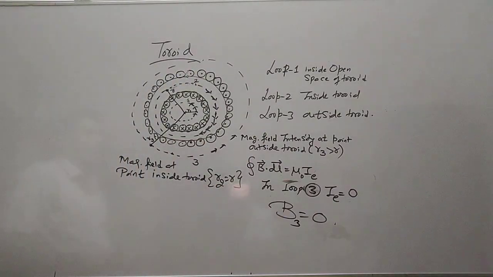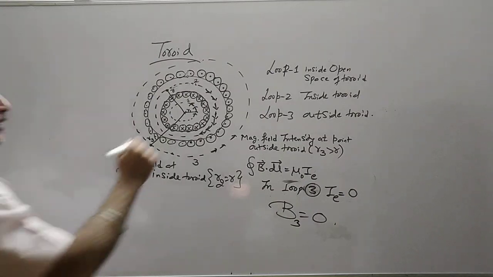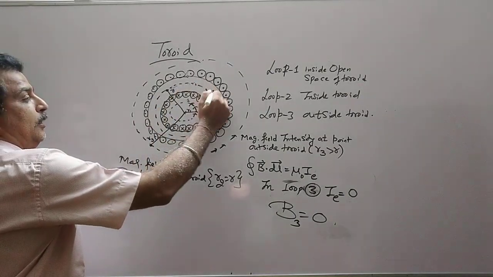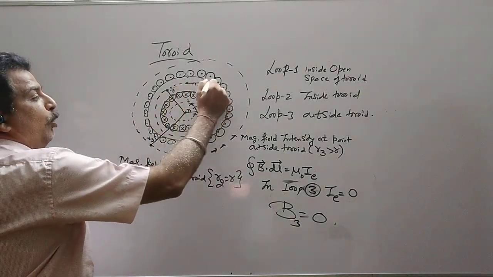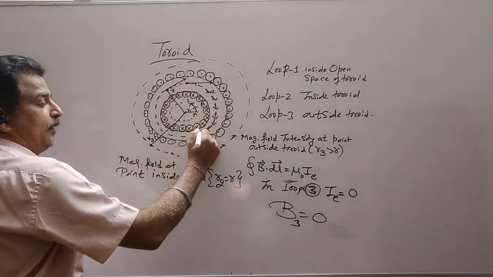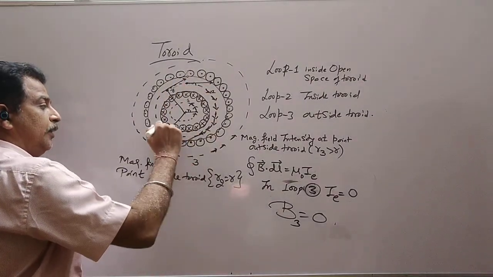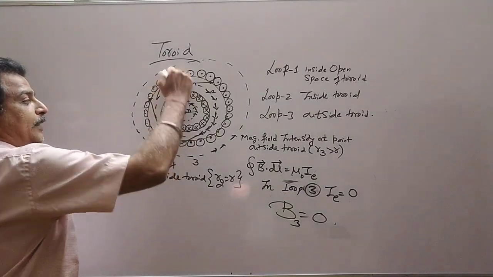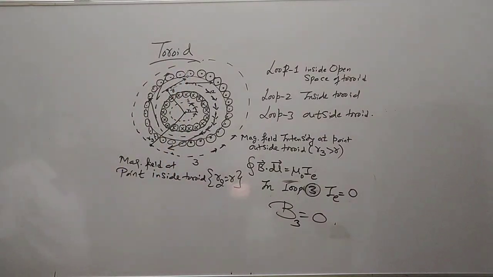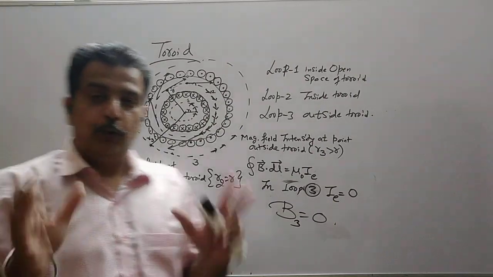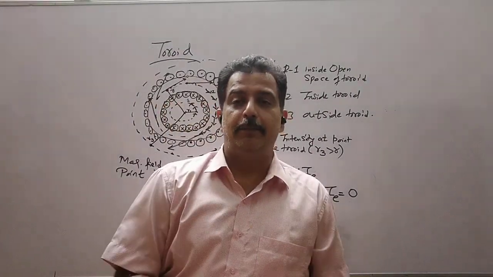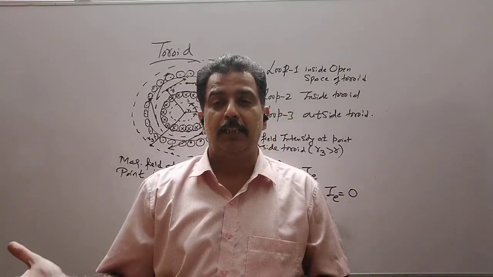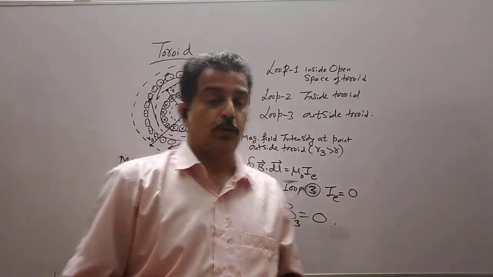So what is the direction of the magnetic field intensity inside the toroid? At any point inside, it is along the tangent. Now if we understand the direction of the magnetic field, then you take dl in that same direction so that theta reduces to 0.